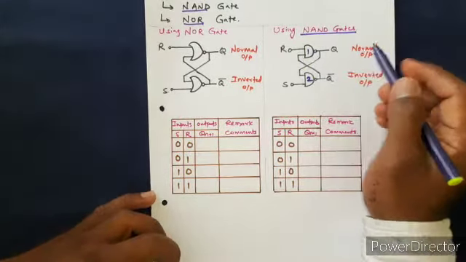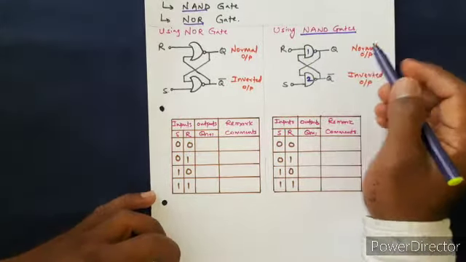One very important condition for this flip flop is that Q and Q bar should always be complements of each other. You cannot have Q and Q here, or Q bar and Q bar here. You need to have Q here and Q bar here.